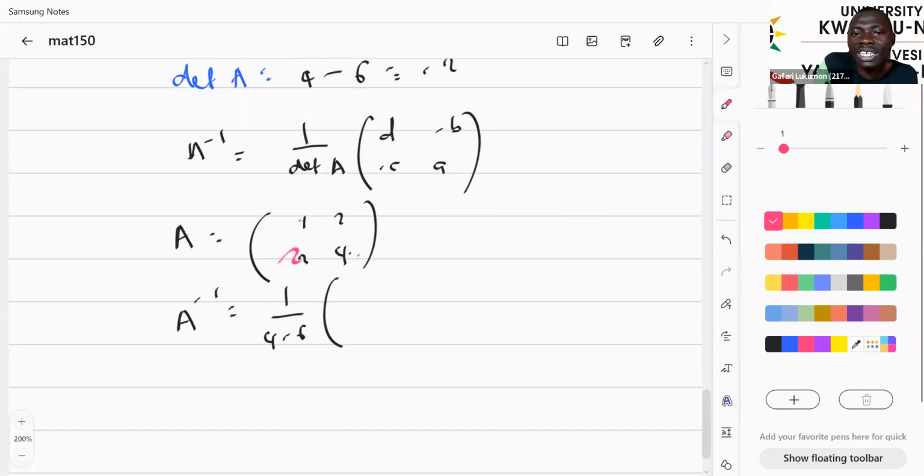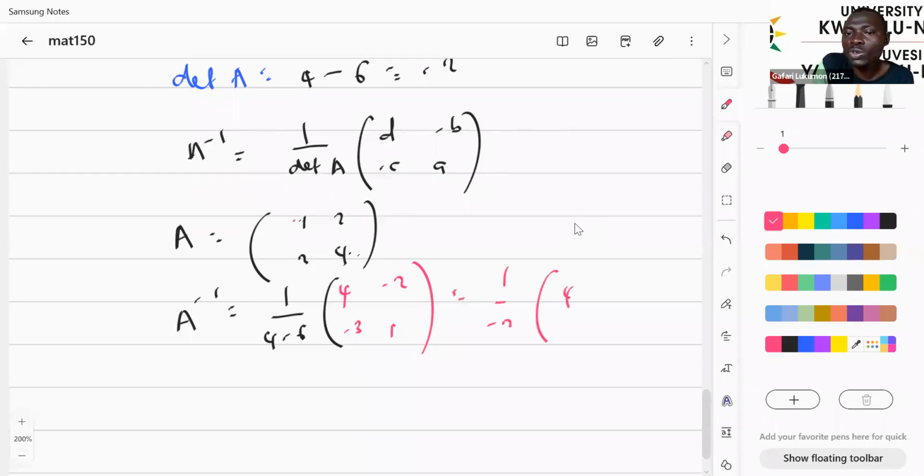So you have 1 here, you interchange 1 with 4, then you are going to have 4 here, 4, 1. Then you multiply the other two by minus, this will be minus 3, minus 2. So then your inverse will be 1 divided by minus 2, times 4, minus 2, minus 3, 1.